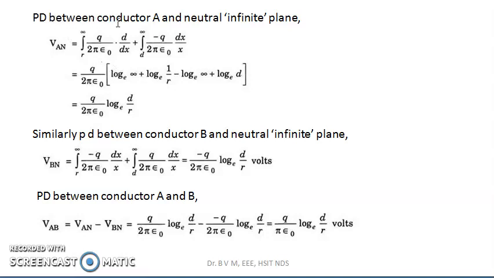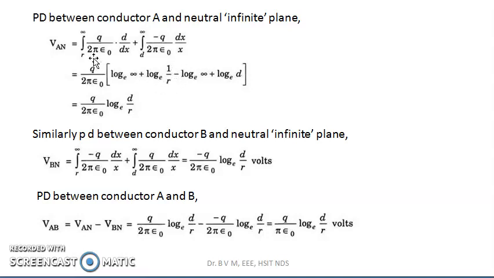So the potential difference between conductor A and a neutral infinite plane is given by VAN is equal to integration r to infinity q by 2 pi epsilon naught dx by x, plus integration d to infinity, because this is conductor A and this is conductor B. So the charge on conductor B is minus q, so minus q divided by 2 pi epsilon naught dx by x, which is given by q divided by 2 pi epsilon naught, log of infinity plus log of 1 by r.